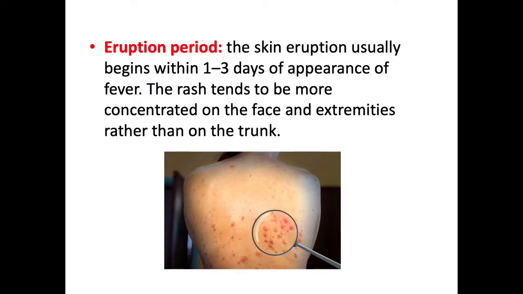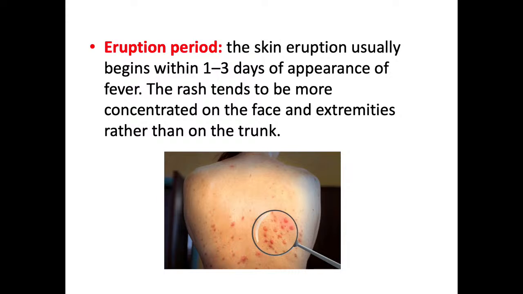In the second phase, we see the eruption period, when people will show rash, and similar to smallpox, the rash concentrates on the face and extremities, rather than on the trunk. This is a typical rash.